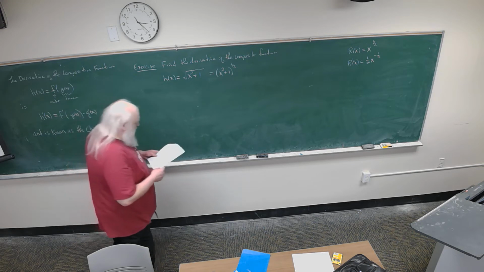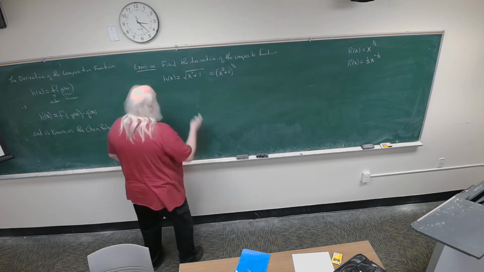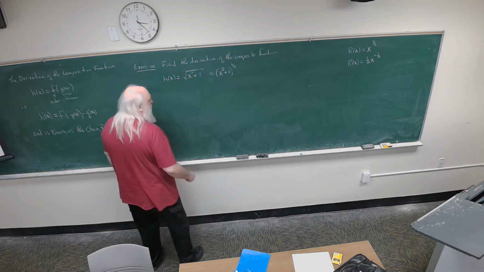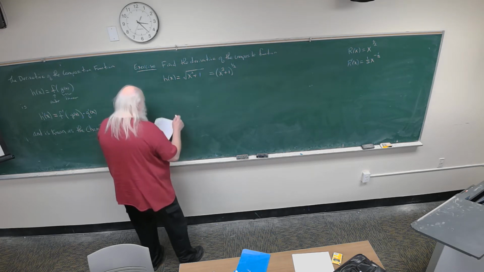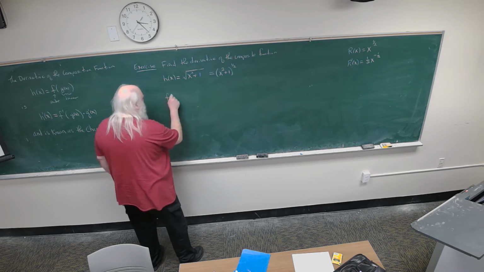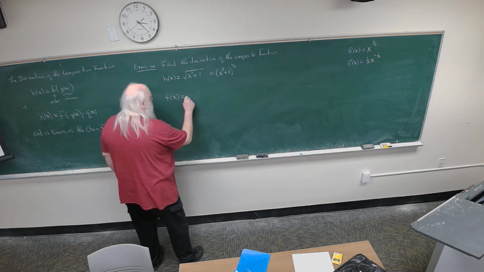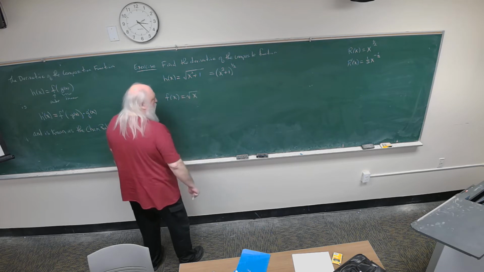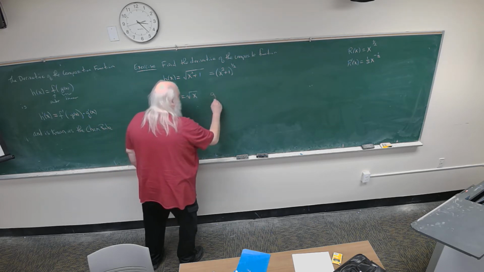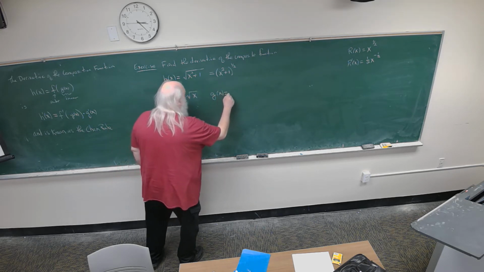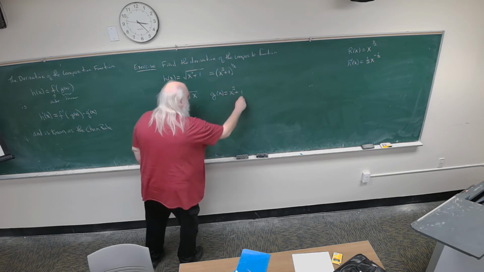All right. So h of x can be decomposed, right, into the composition of two functions, where the outer function f of x is equal to the square root of x, and the inner function g of x is equal to x squared plus 1, right?